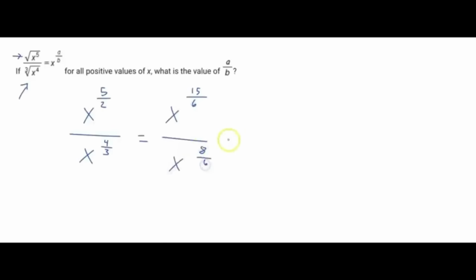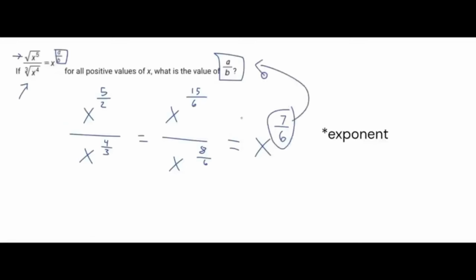And so now, because we have the same base, we can just subtract the powers. So 15/6 minus 8/6 is just 7/6. And so ultimately, they want to find the value of a over b. And we can see a over b is just the power above x, and there is your answer. So the answer here is 7/6.